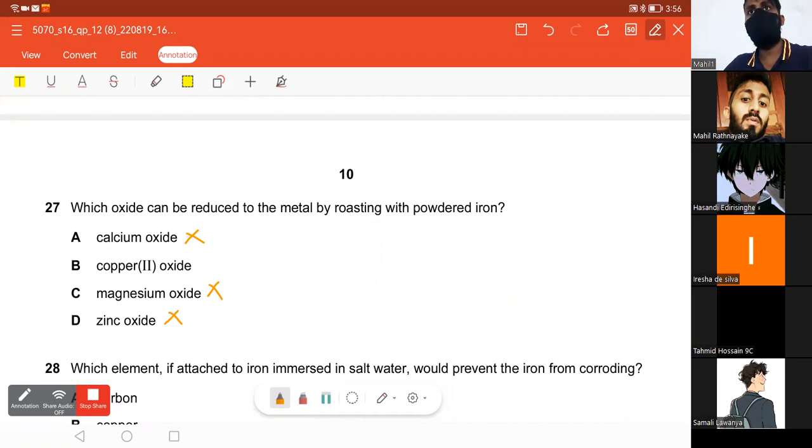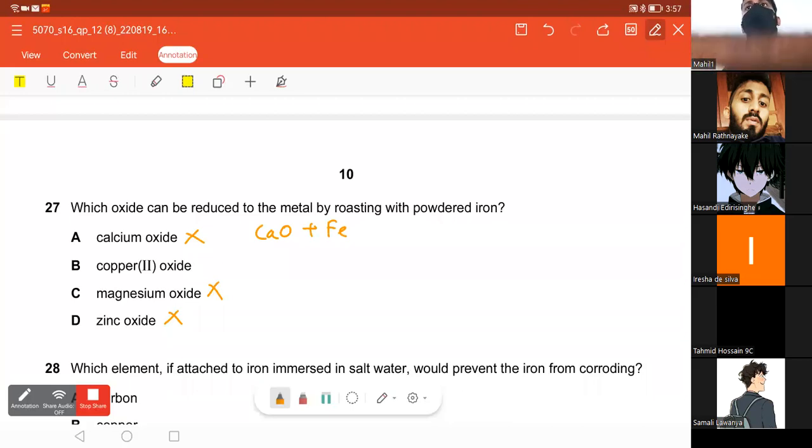You did metals in the school. Reactivity series you did. You know iron is less reactive than magnesium, calcium, zinc. Therefore, now listen, Yutika. Fe cannot displace calcium. Why? Fe is less reactive.